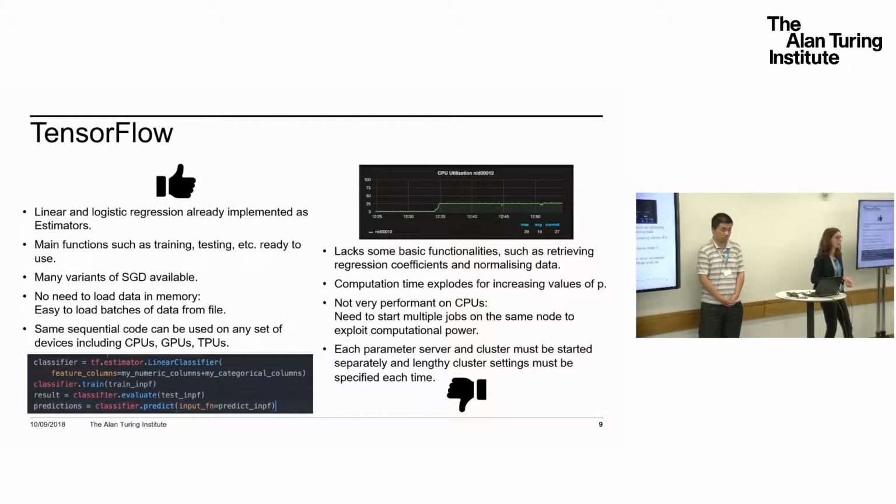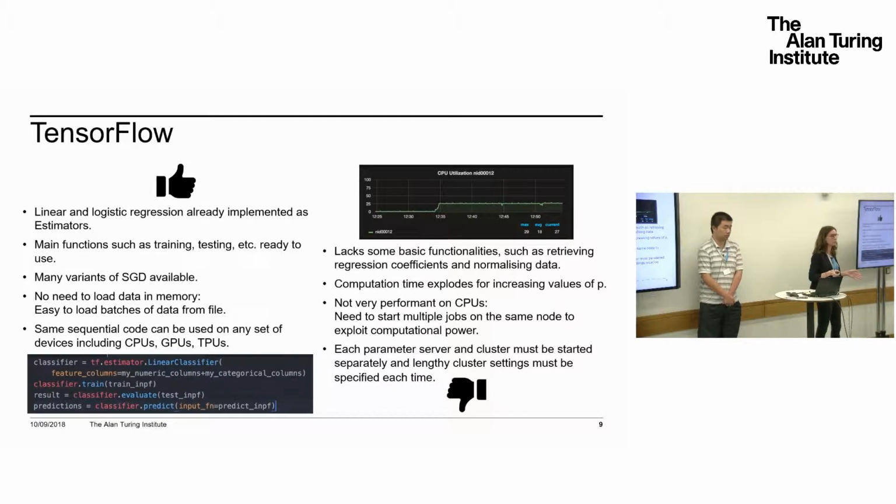And finally, for distributed TensorFlow, you can start multiple workers at the same time. But what we found is that, for example, in this figure, I'm showing what happens when you start 3 workers on one node. The problem is that 3 workers only use 25% of one node.